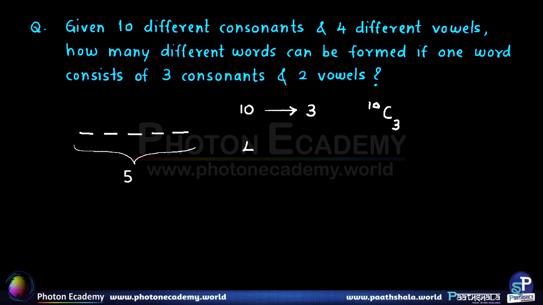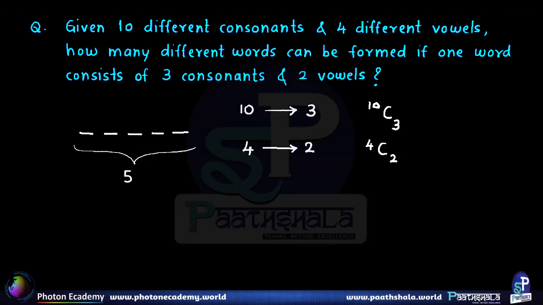Similarly, out of 4 vowels, we have to select 2 vowels, which can be done in 4C2 ways. So therefore, since we want both vowels and consonants in a word, the total number of ways of selecting 3 consonants and 2 vowels is 10C3 multiplied by 4C2.